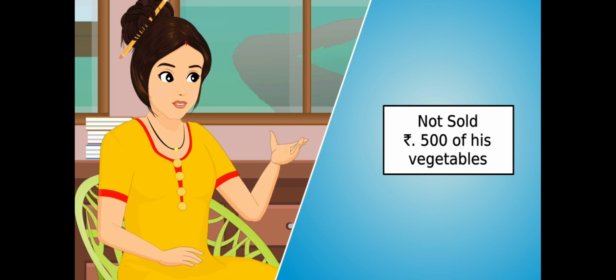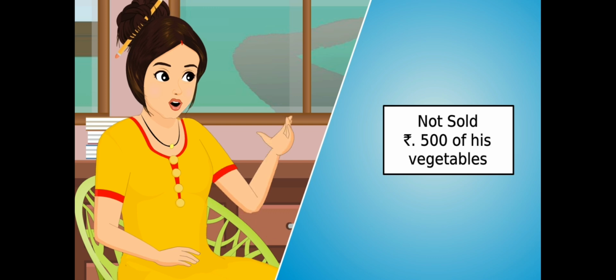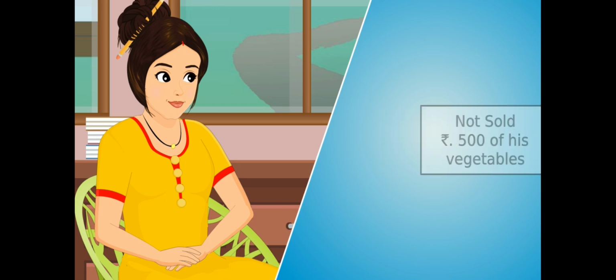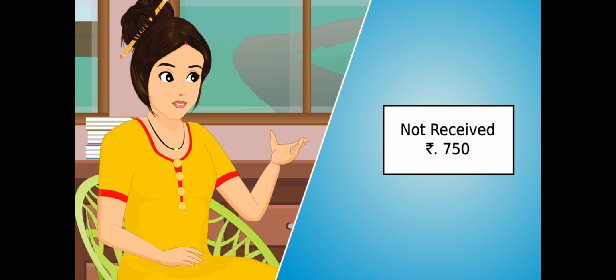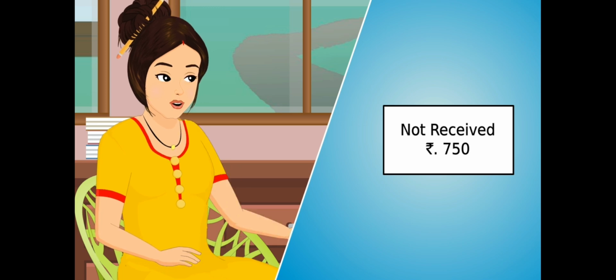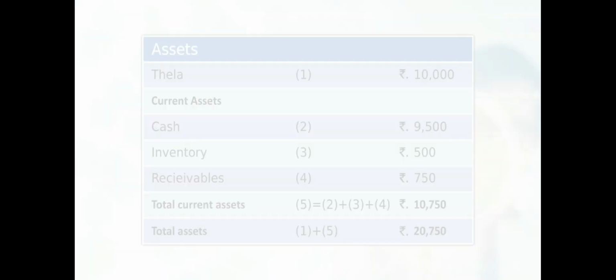He has not sold rupees 500 of his vegetables, which will now show up as inventory on the asset side. It is specifically a current asset. He also has not received rupees 750 from some customers. This amount will now be entered as receivables on the asset side. It is again specifically a current asset.